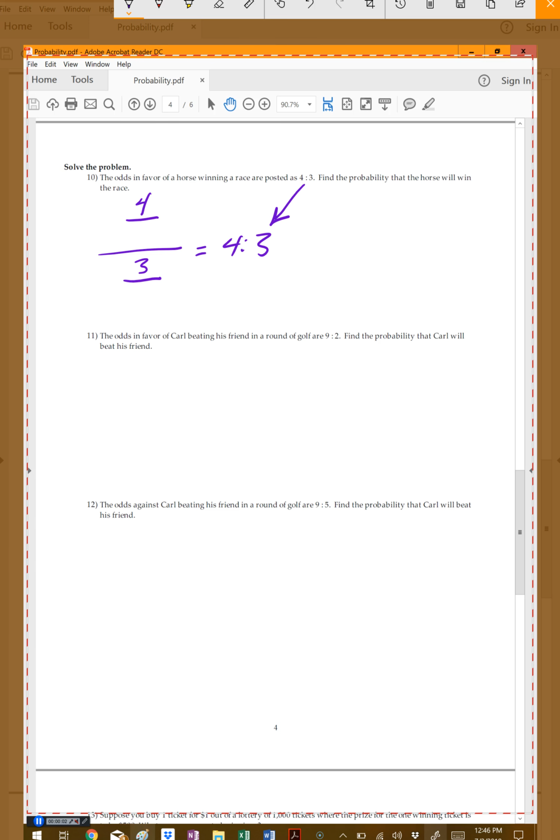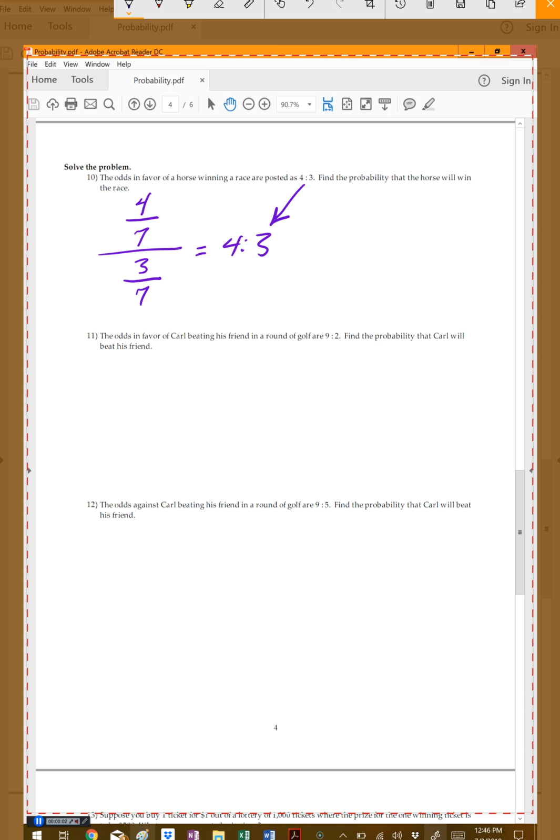So this 4 and this 3 tell us a lot. This is how many times something can happen. This is how many times it doesn't happen. So these should be the total of things that happen. And that was the last thing we talked about at the end of part 3, that these numerators should add to make the denominators. So 7 is our denominator.